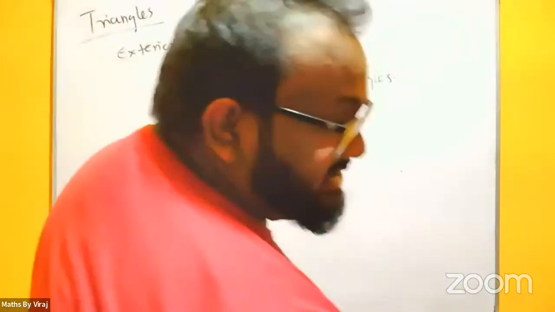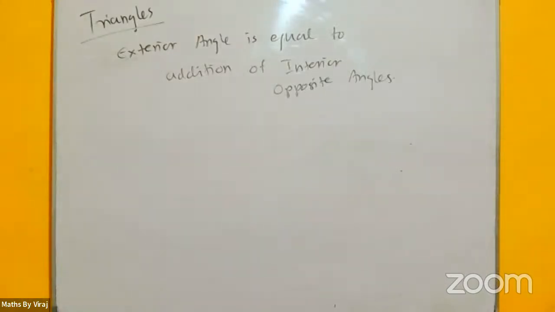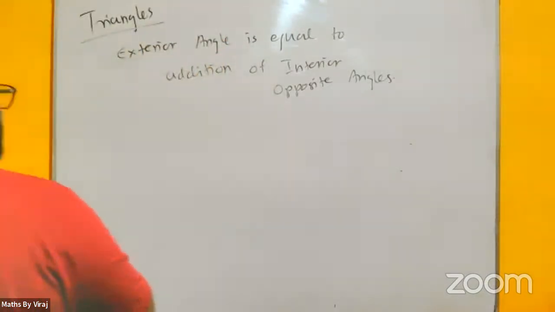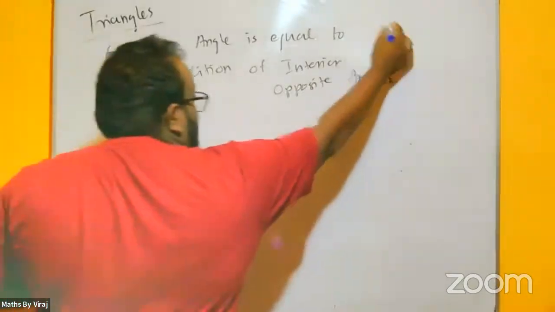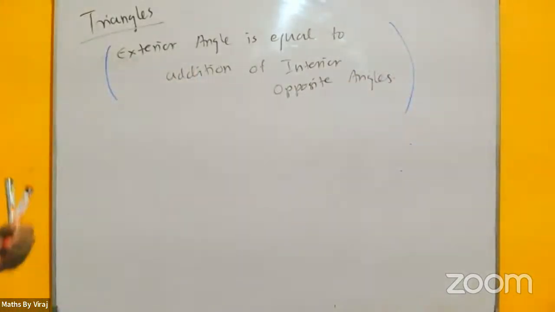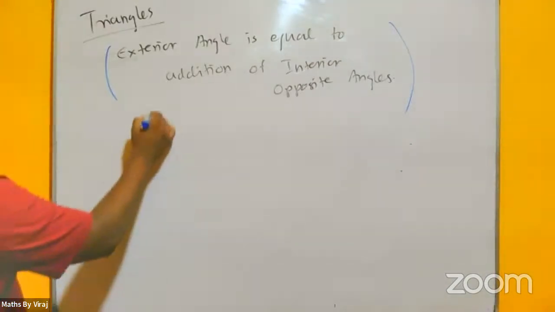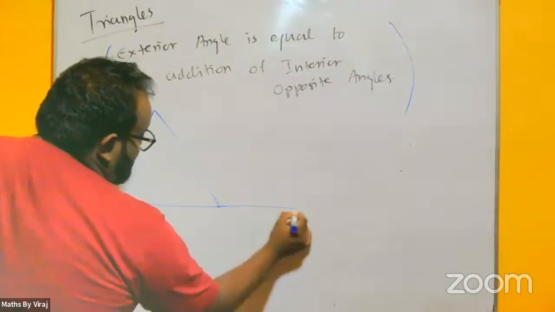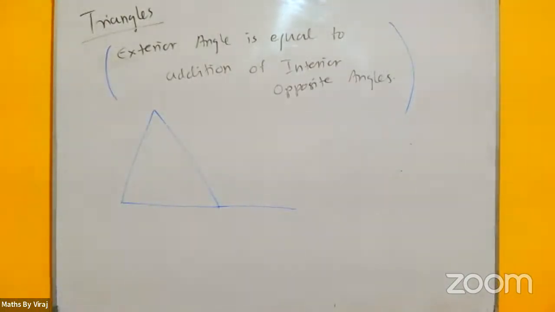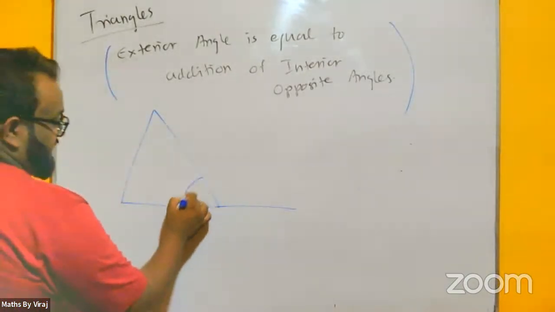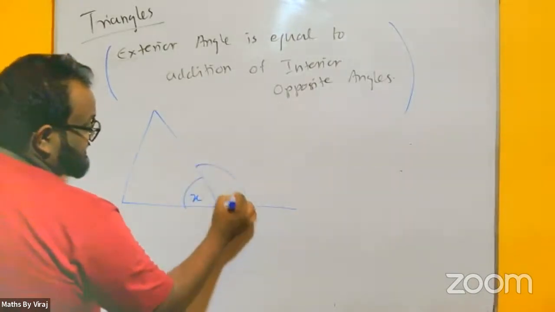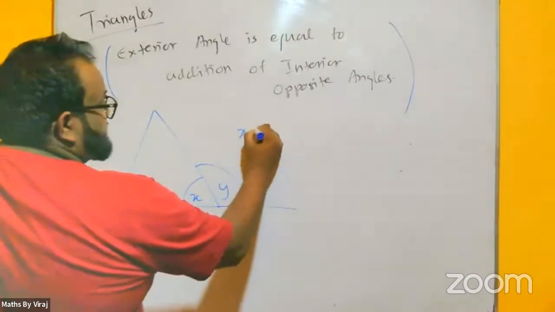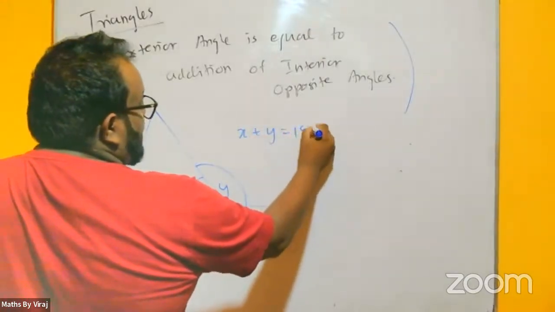Now, let's see whether this is actually as difficult as you think it is. It need not necessarily be that difficult, but let's see. Let's take some random numbers and get this done. I have a triangle and I'm extending this angle over here. If this angle is x, and this angle is y, we know that x plus y is equal to 180.